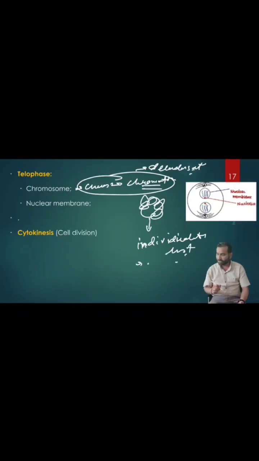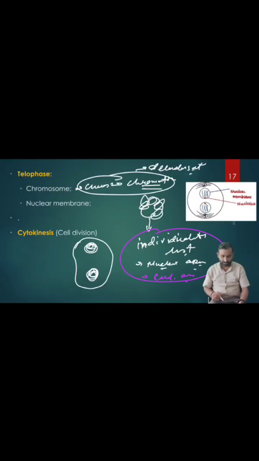So the nuclear membrane begins to appear. Similarly, the Golgi body, the endoplasmic reticulum, all the cell organelles also begin to appear. So finally they become two distinct daughter nuclei in the two poles of the cell, right?